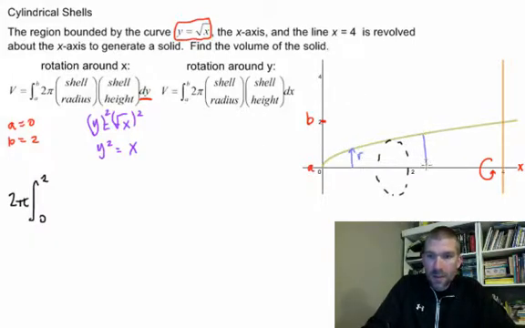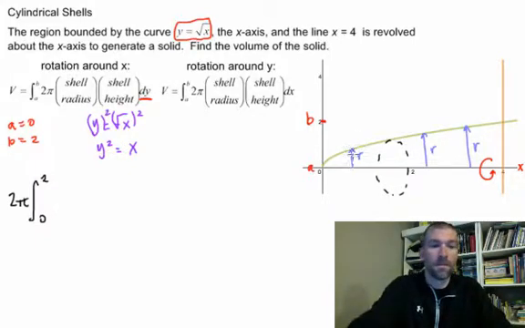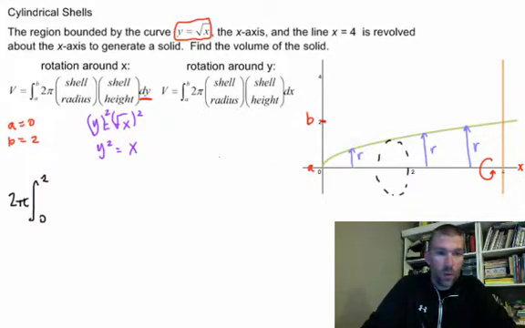Here's my radius, and notice that my radius is changing every time. Okay, there's my radius, there's my radius, there's my radius. What is my radius? That's going to be y squared. Okay, we're talking about radiuses, and remember, we're talking with the y-axis, so these r's are all correct.